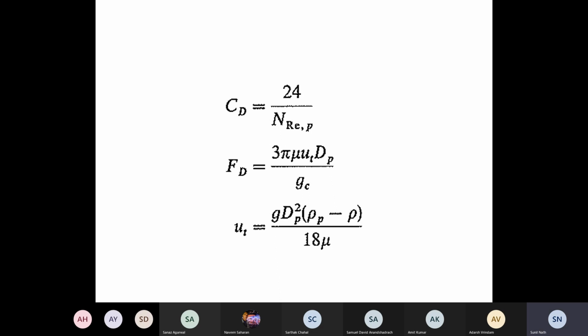So essentially, if we were to plot the drag coefficient and the Reynolds number on a log-log plot, we will get a straight line in the creeping flow region up to Reynolds number 1.